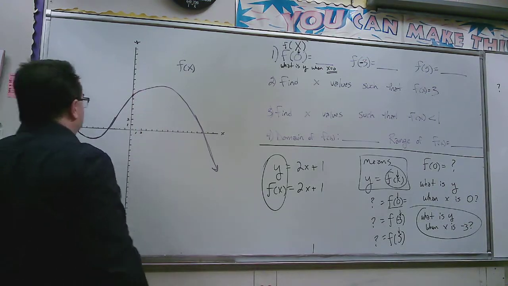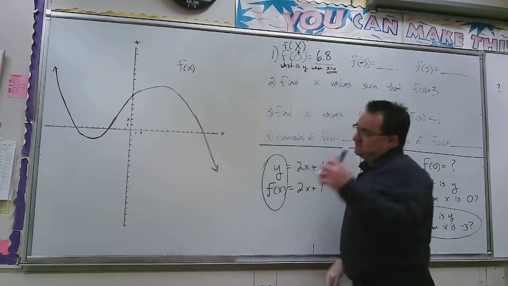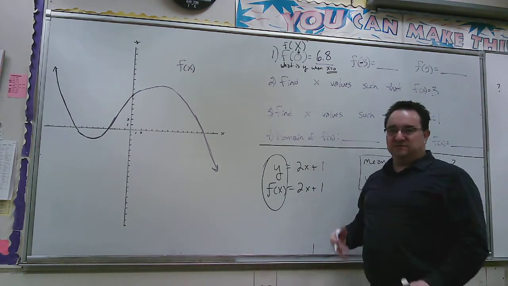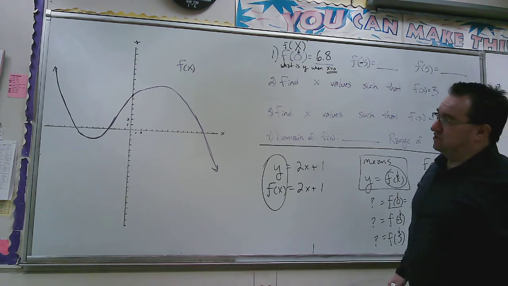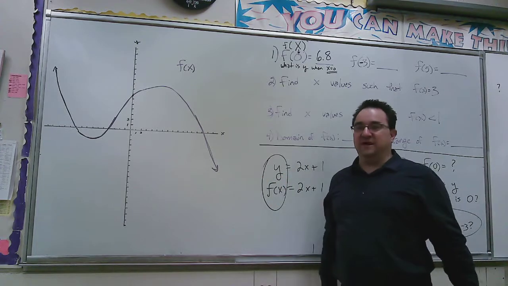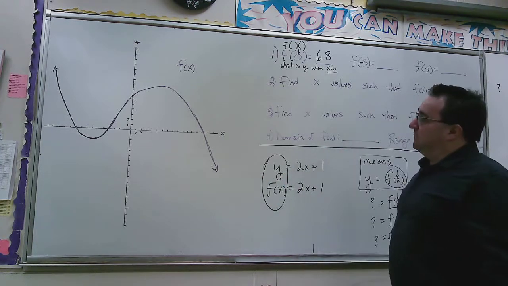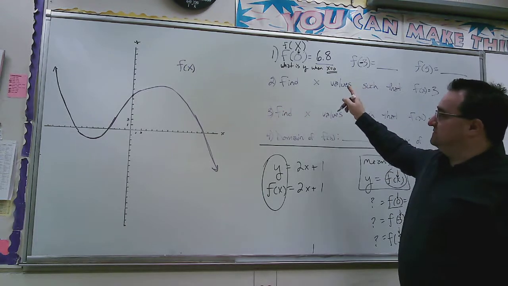See that? I'm going to say 6.8. If you said 6.9, that's fine. If you said 6.7, that's fine. I think it's pretty clearly just a smidge under the 7. If you said 7, I might take off a quarter point for that, just a little bit. But that's the idea. Y is about 6.8 when x is 0.